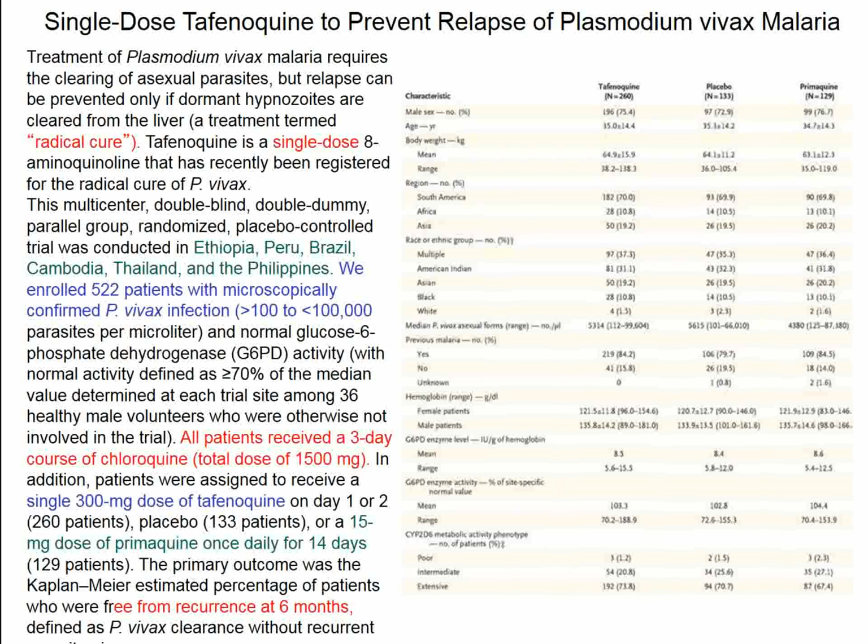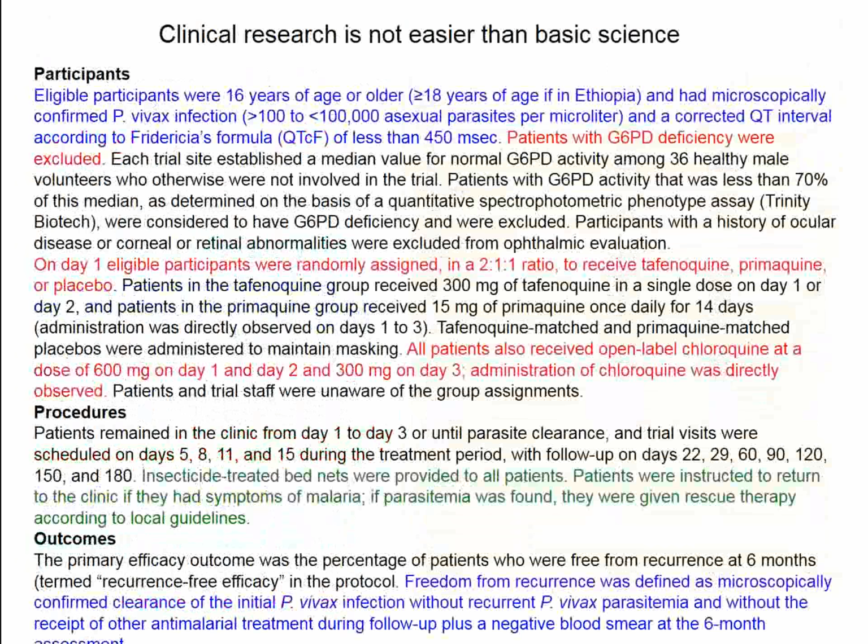Believe me, it would be much easier to be doing immunoprecipitation, Western blots, throw on your sequencer and go home at 5 o'clock in the afternoon than to do this kind of research. So this is hard. And they actually had many centers here in Ethiopia, Peru, Brazil, Cambodia, Thailand, and the Philippines to conduct this very difficult study.